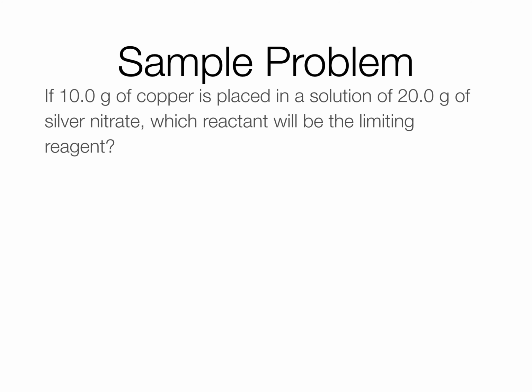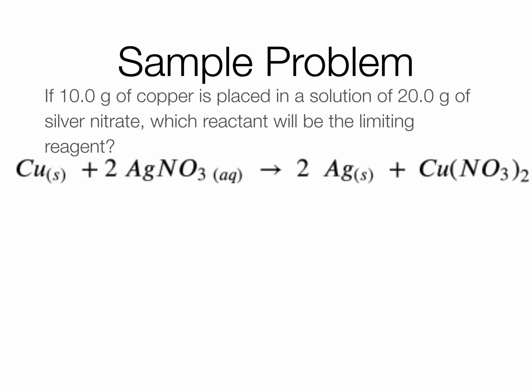What we can also see right away is that we have an element and an ionic compound reacting, and we need to build ourselves a balanced chemical equation because we always need a balanced chemical equation when we're doing stoichiometry. Element and ionic compound means we're dealing with a single replacement reaction, and in order to get the products, we're going to switch the copper and the silver because the element is a metal.